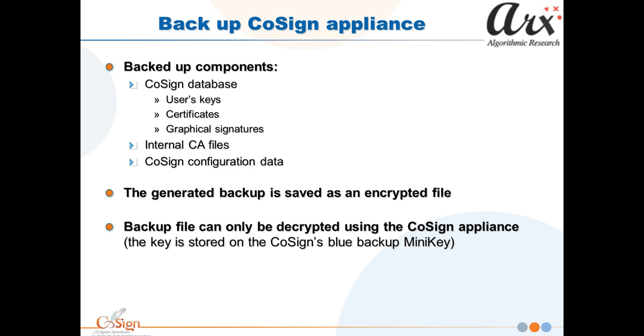You'll require the backup file that you took, which is saved anywhere on your machine or a network drive, a valid CoSign appliance, as well as the decryption key or backup mini key created during the initial installation of CoSign. The CoSign appliance came with 3 little USB keys, one of which is the red license key, which lives in the appliance, and 2 of them are blue backup keys, which are duplicates of each other. Only one of those keys is required for restore from backup.